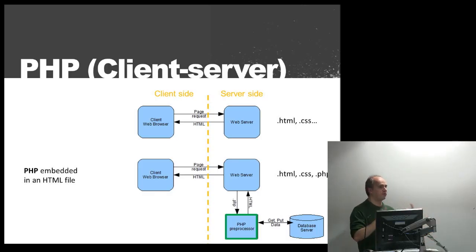You connect to the server, you do a request. This request is processed on the server using a PHP engine. This PHP engine may contact the database if it's relevant for that page. Once all the information is available, it's going to create an HTML page with that information and send it back to you. And your browser will just read some HTML.